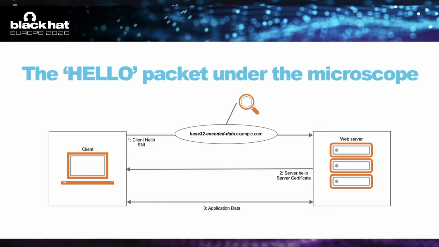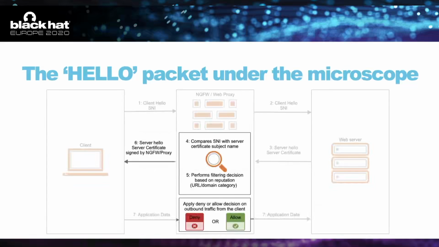So far, we have proved that it was possible to send data in the SNI if the complete domain name matched the server certificate, by using a wildcard certificate in this case, and that it also adhered to RFC standards and allowed character sets in a domain name. So we were able to send the data out.